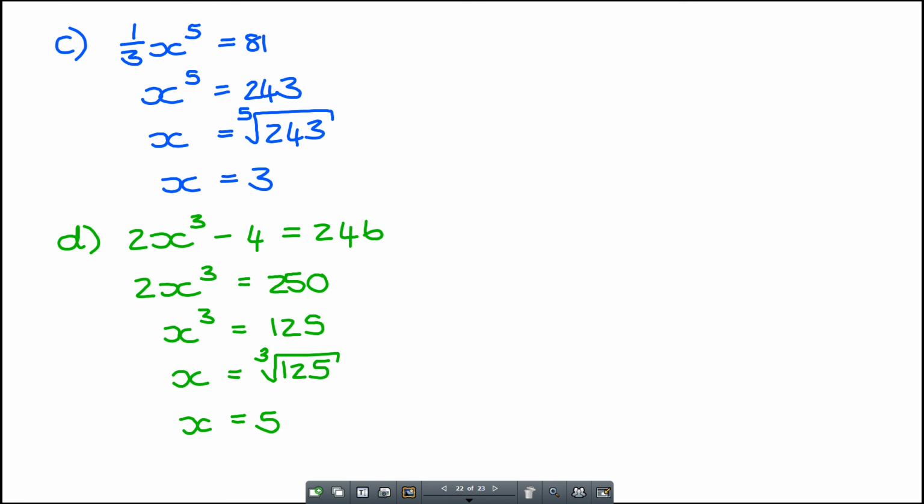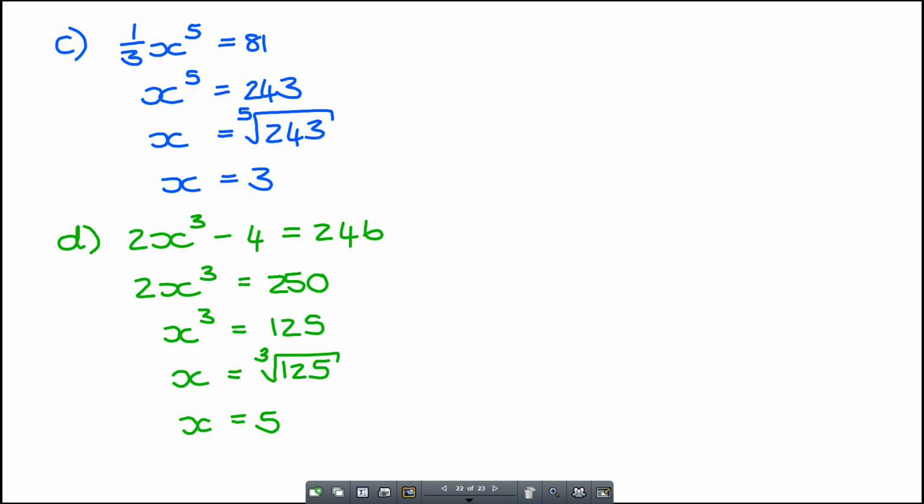Then D, the last one, is actually the easiest one. So what I had to do here is first take the minus 4 over, and that will become plus 4. So that is how I get the 250.